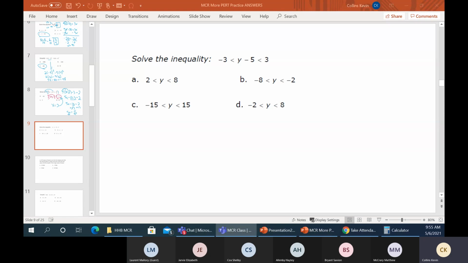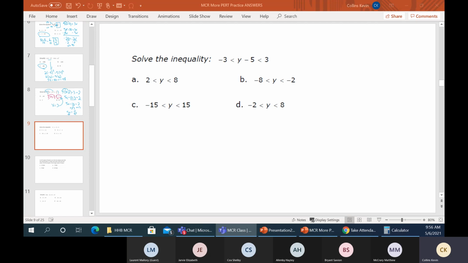All right, we have a vote for C. What do you guys think? Agree, disagree? Let's hear from some other folks here. All right, we got a couple votes for A. All right, so let's check it out.